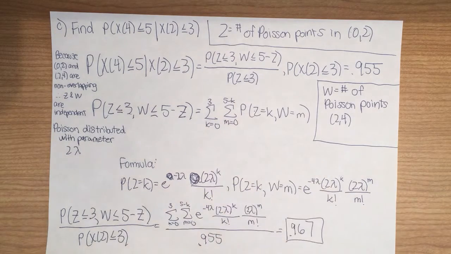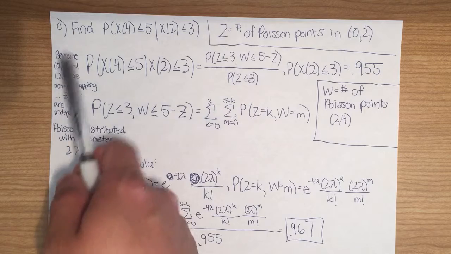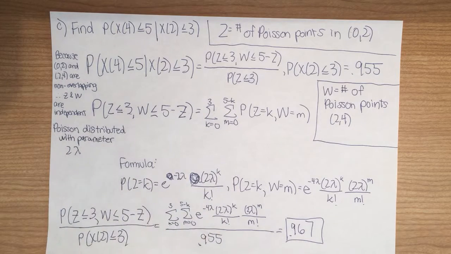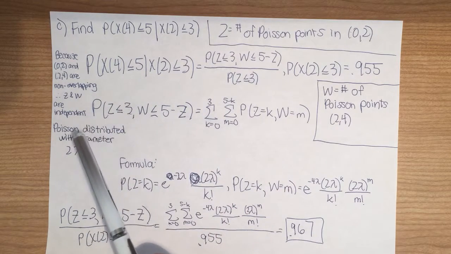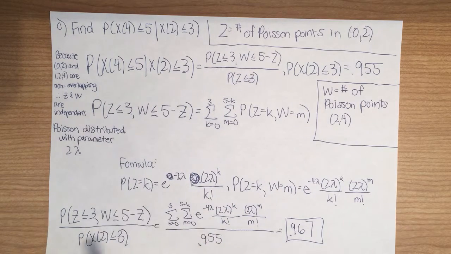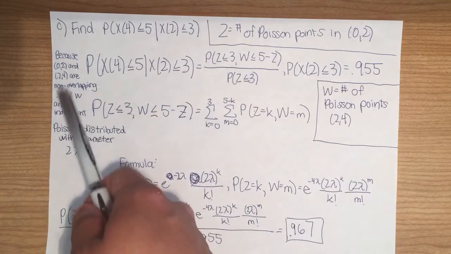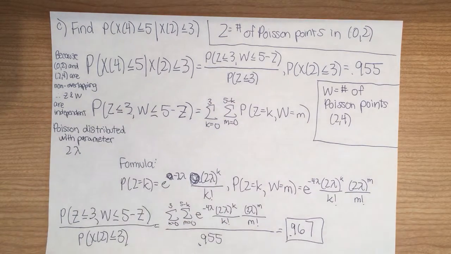But we have a problem here because 0 to 2 and 0 to 4 are overlapping. That's why we need to set Z equal to X(2), and W equal to X(4) minus X(2). That really is the only way we can solve this problem. When we do that, 0 to 2 and 2 to 4 are non-overlapping. Therefore, Z and W are independent.